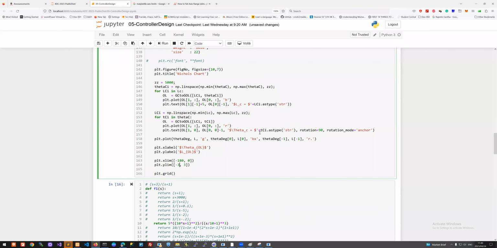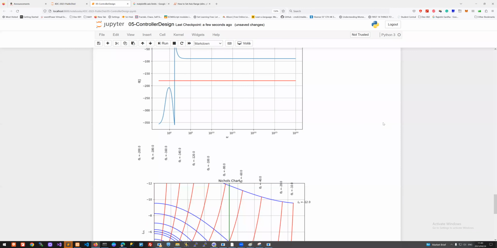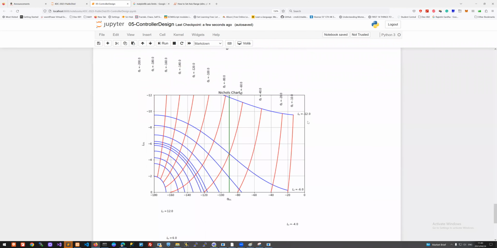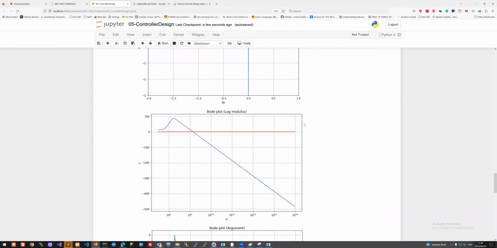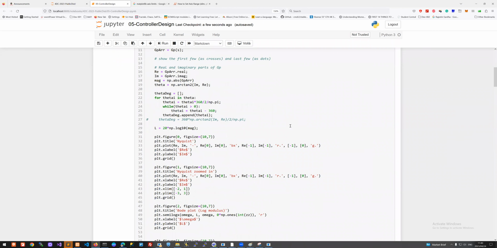The Y limits from 0 to minus 12. Okay, so that's better. All right. Anyway, so you can use the simulator to try out the different equations.